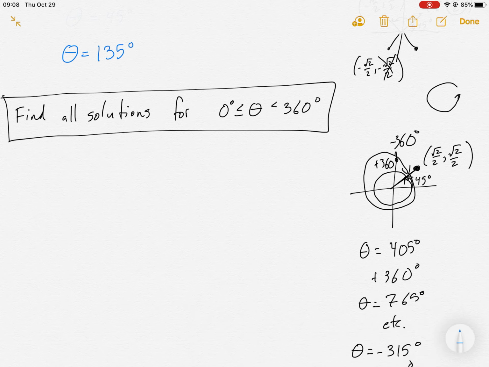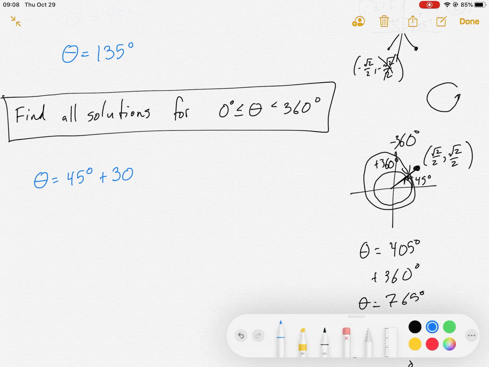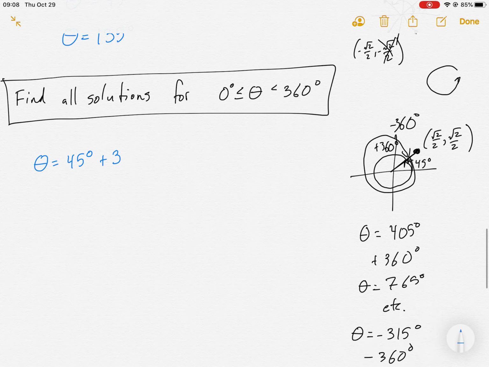And the way we represent that is we would say theta equals 45 degrees plus 360 degrees n. And we usually represent n to be as many times as we want.